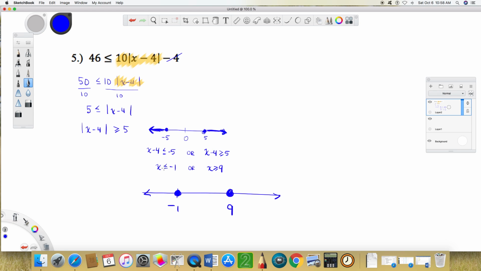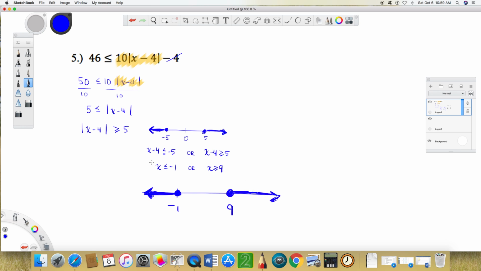For x to be less than or equal to negative 1, I shaded that in. You're to the left of negative 1, so with my variable on the left, the arrow is pointing in the direction that I shade. X greater than or equal to 9, I've already included 9, and to be greater than 9 is to the right of 9, so the arrow is pointing in the direction that I shade.